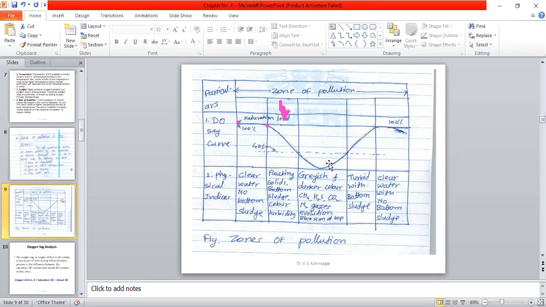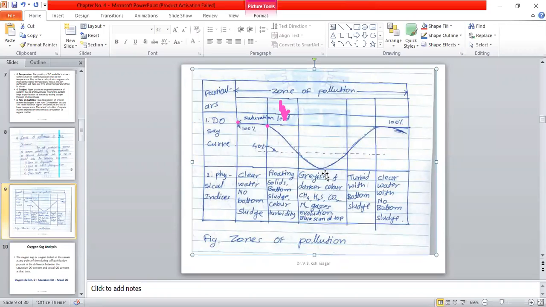Actively, 100% of the microorganisms are decomposing and reducing the BOD of the new sewage, trying to bring the water to the normal level. At the critical point there is no oxygen, so the environment is not favorable for aquatic plants or any kind of aquatic life.